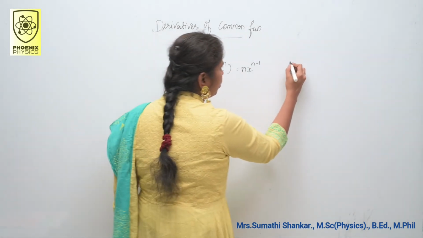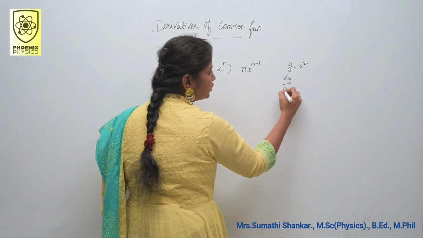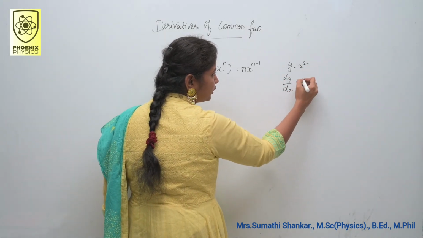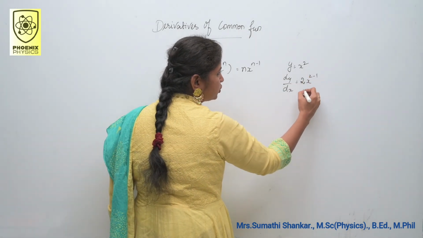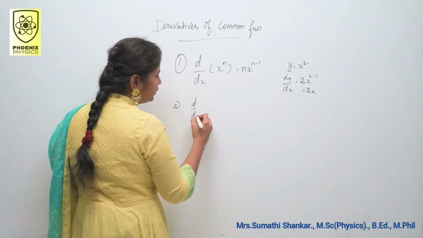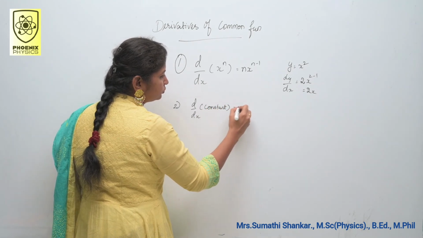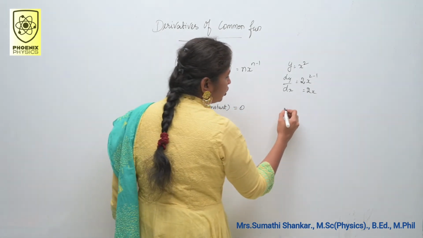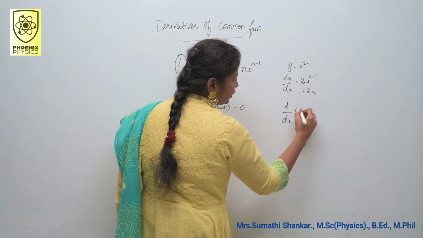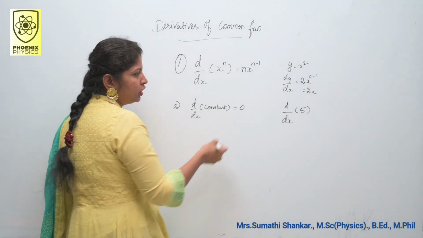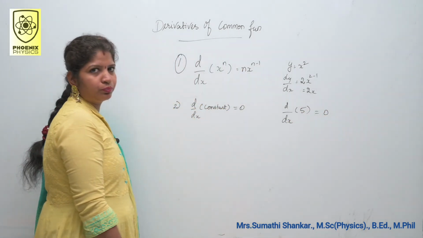For example, y is equal to x square, how do you find dy by dx? dy by dx is nothing but, bring the 2 here, 2x power 2 minus 1, that is 2x. d by dx of a constant will give 0. For example, d by dx of 5, any number, okay, a constant value means the derivative will give 0.